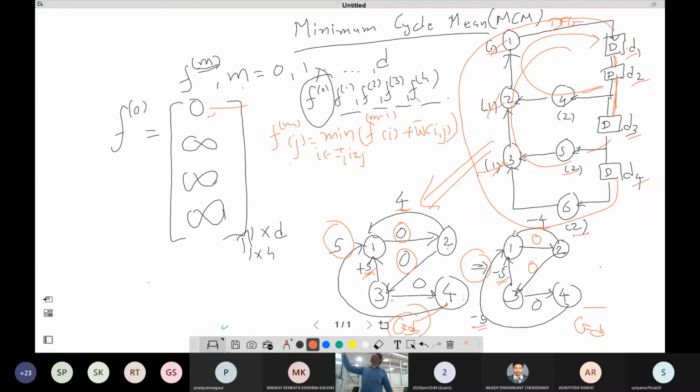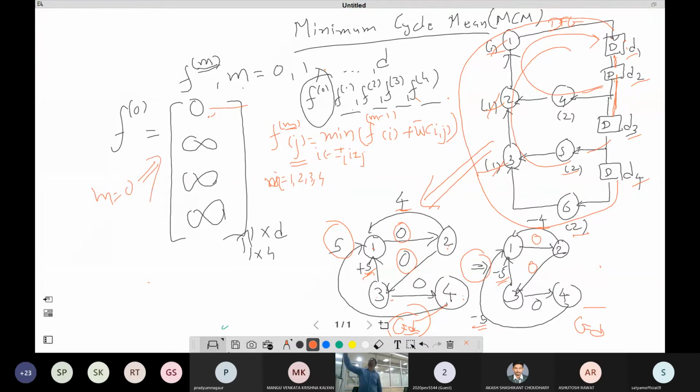So this j could be 1, 2, 3, 4. Sorry, this j is a particular index. I'm talking about this m. This m is 1, 2, 3, 4. But for m equal to 0, we have already taken some assumption.